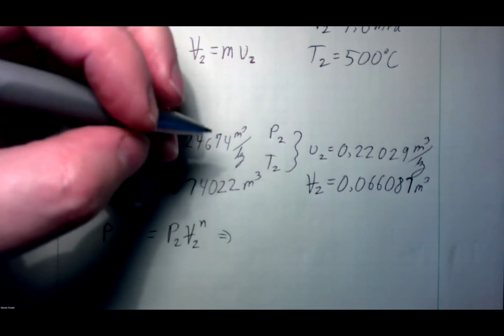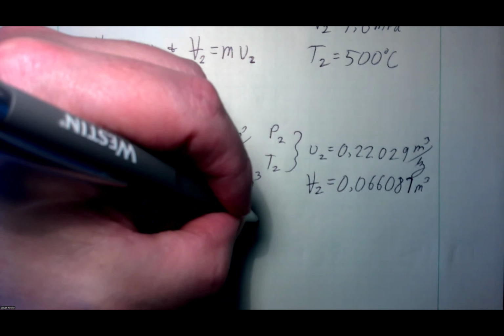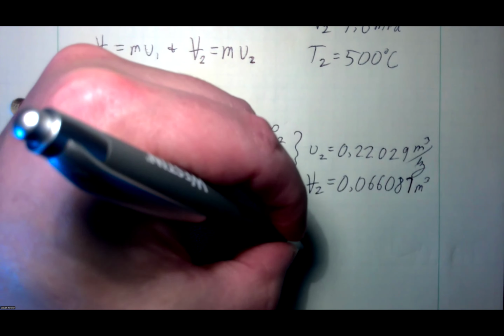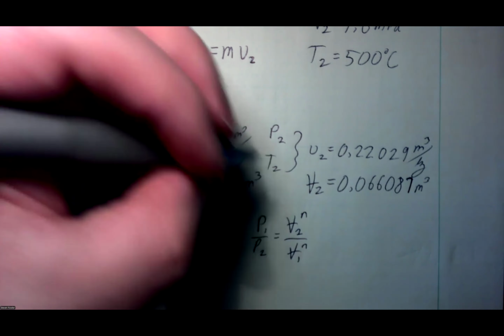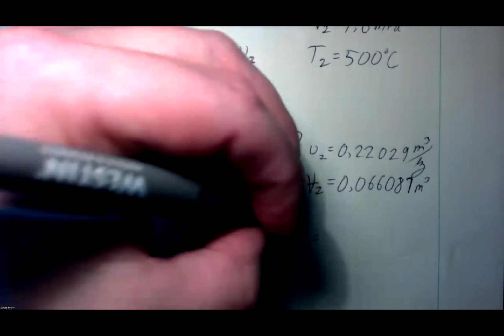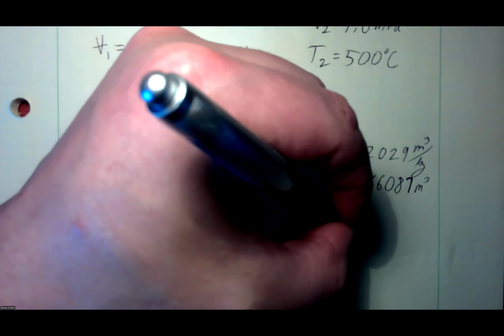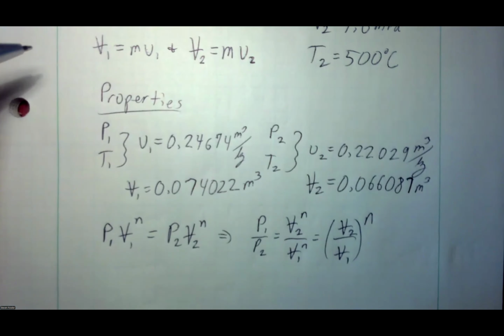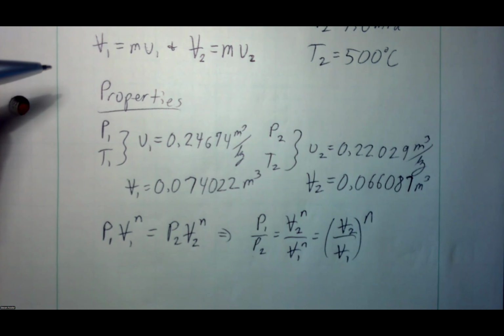I'm going to put pressures in a ratio. That's going to be P1 over P2 equals V2 to the power n over V1 to the power n. And since both of these are raised to the power n, their ratio could also just be raised to the power n. The ratio of V2 to V1 to the power n.